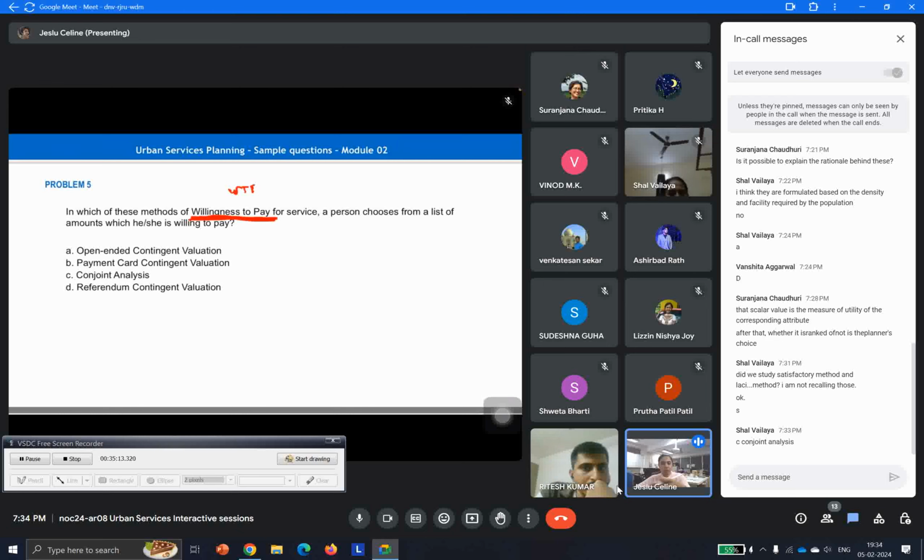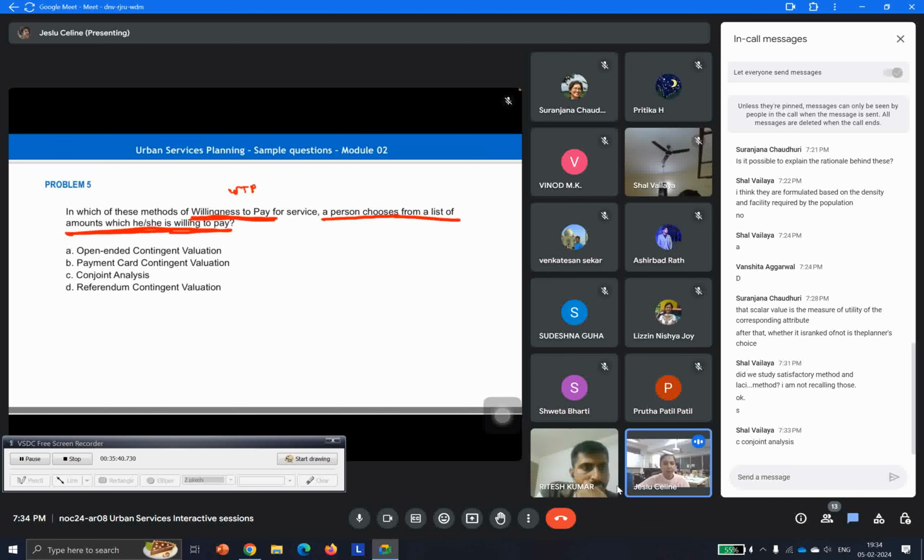In our lectures we have discussed different methods by which willingness to pay can be analyzed. Here the option is that a person chooses from a list of amounts which he or she is willing to pay, which means the person is given a list and then is choosing. So we have open-ended contingent valuation, payment card, conjoint analysis, and referendum contingent valuation.